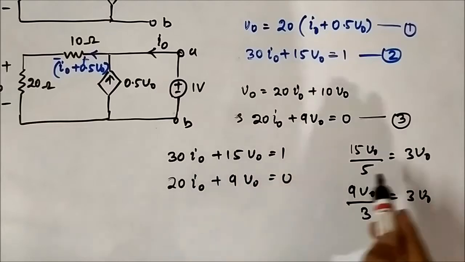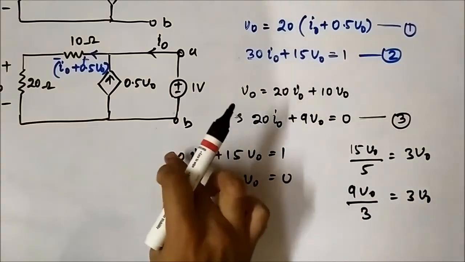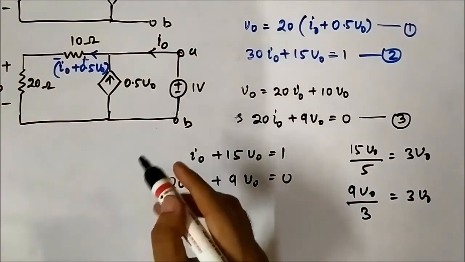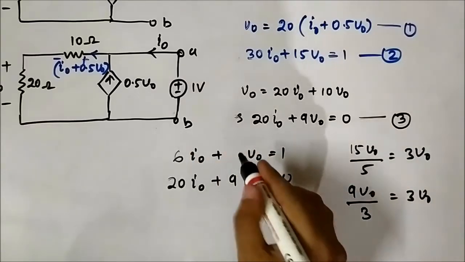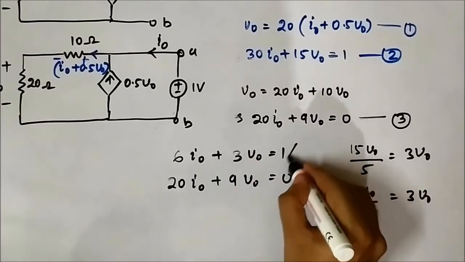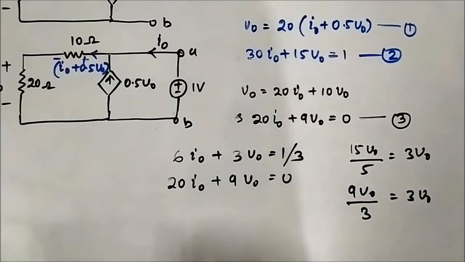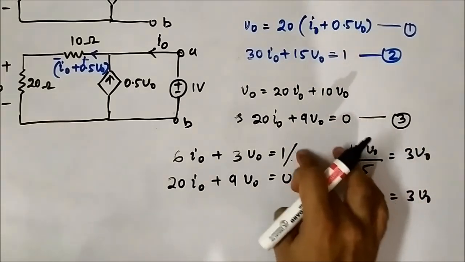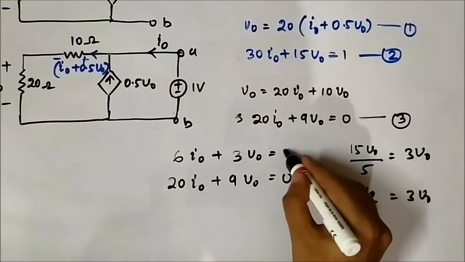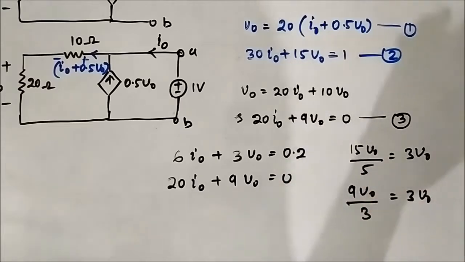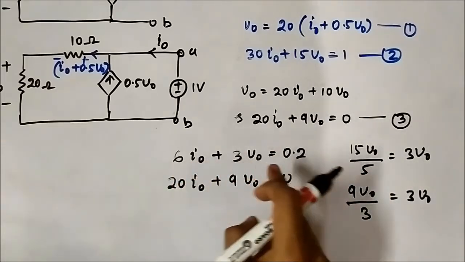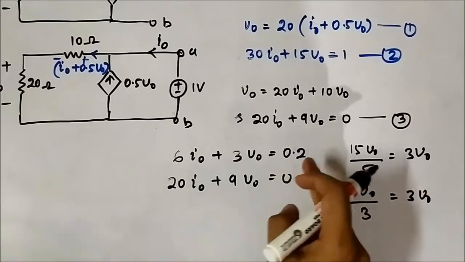So when we divide the first equation by 5, this becomes 30 by 5 is equal to 6 I0, this becomes 3 V0, and this becomes 1 by 5, which is 0.2. So 6 I0 plus 3 V0 is equal to 0.2.